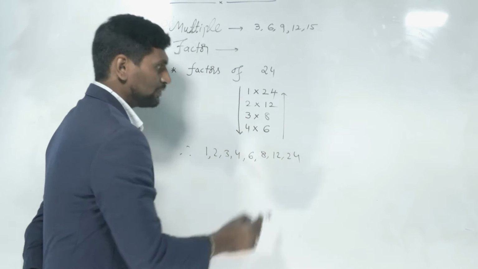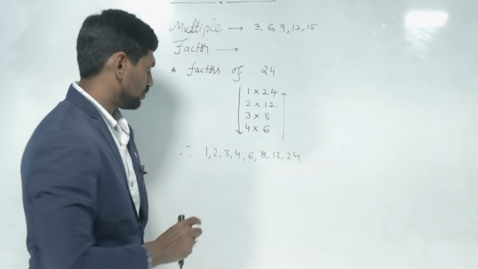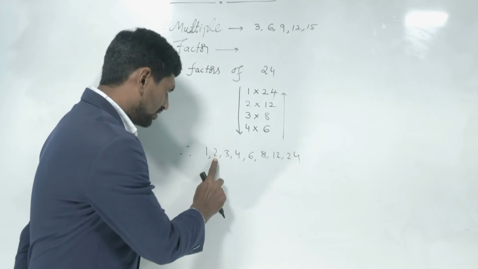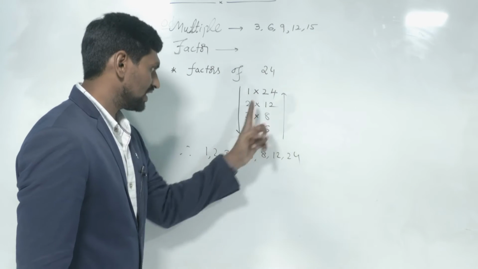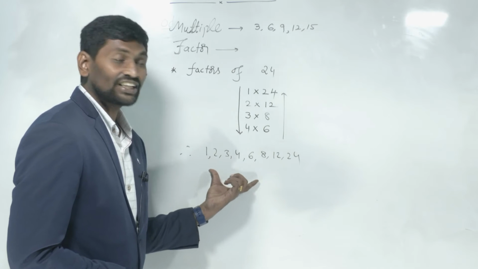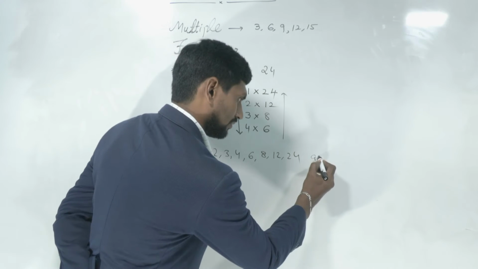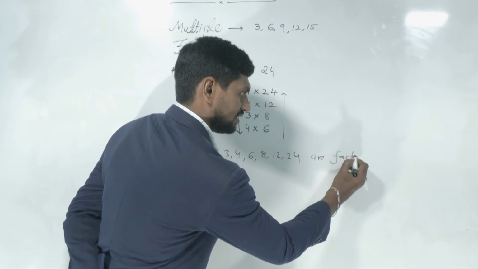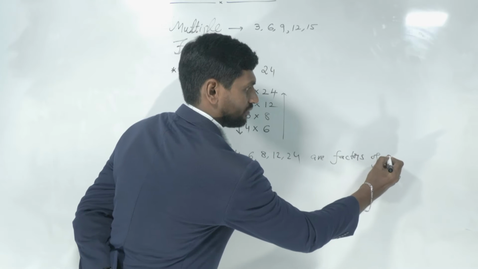In all the tables we are getting the number 24. One table, two table, three table, four table, six table. These are all factors of 24.